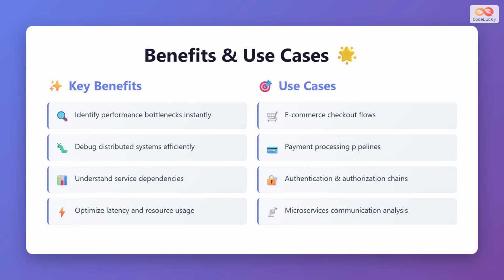Common use cases include tracking e-commerce checkout flows to ensure fast transactions, analyzing payment processing pipelines to prevent errors, understanding authentication and authorization chains for security, and analyzing microservices communication to optimize system design. These benefits make Jaeger invaluable for building reliable and performant distributed systems.